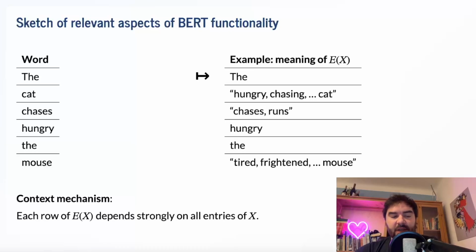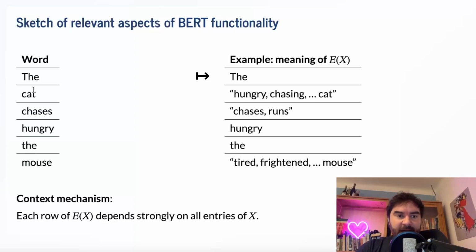Okay, what does this mapping do from the left-hand side to the right-hand side? Roughly speaking, it takes semantic understanding that is baked into the weights of the transformer and attaches it to the output vector.